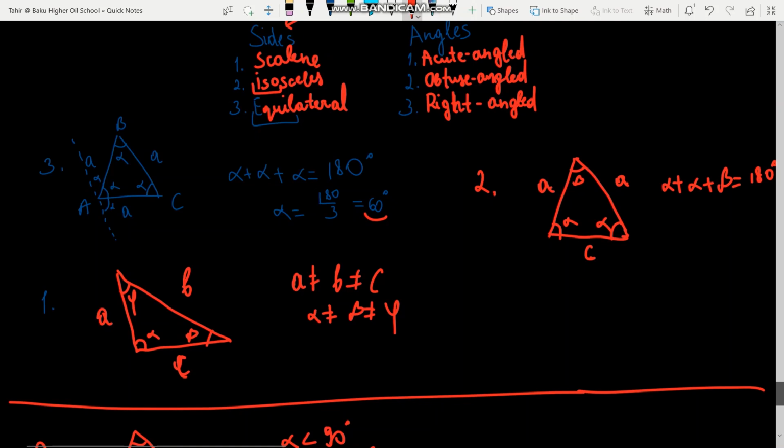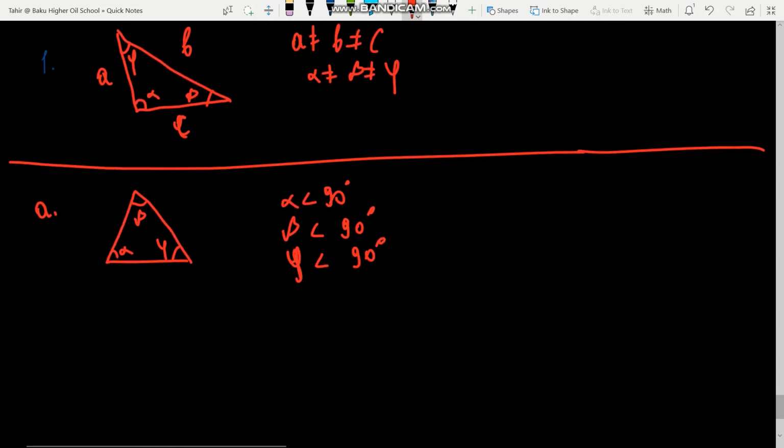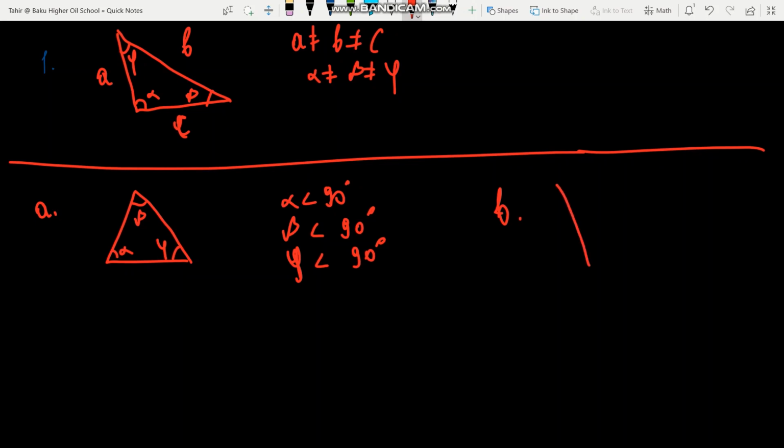And now let's give a sample related to obtuse angled triangles. Obtuse angle means that there is one angle in the triangle which is higher than 90 degrees. If we denote these as alpha, beta, and again phi, our favorite angle notations, alpha is bigger than 90 degrees, beta is less than 90 degrees, and phi is less than 90.